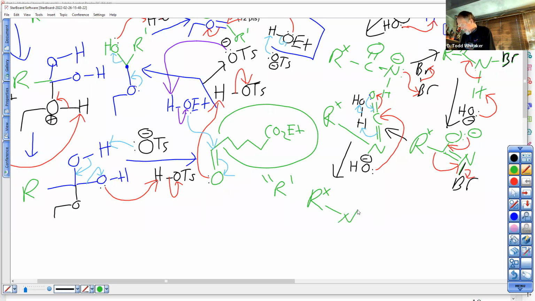Rx bonded to N that now has an H, and a single bond to carbon, which does have a double bond to O. But this O now has a new OH on it. And remember in class, we called that a carbamic acid. Carbamic acids are not stable species.